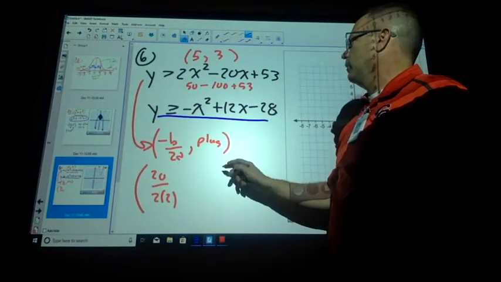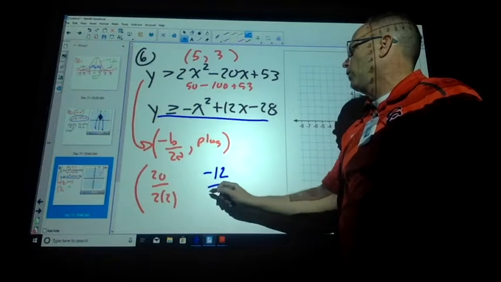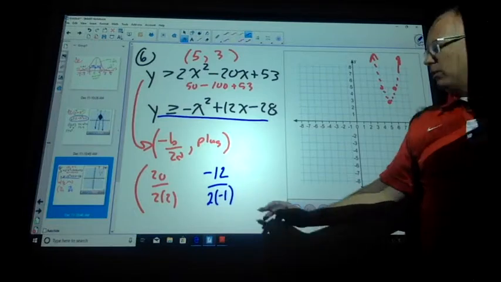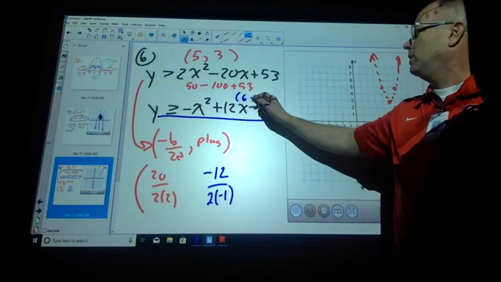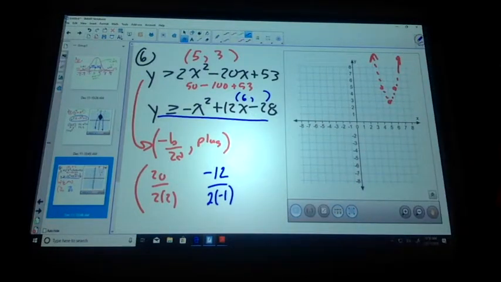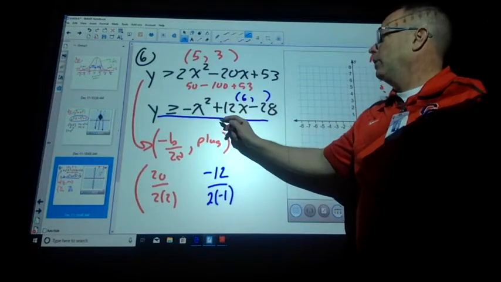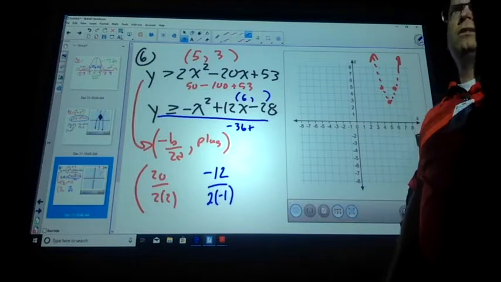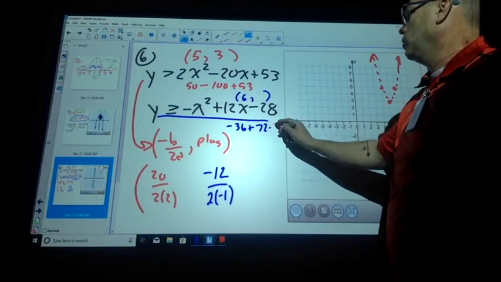All right, let's do this one. Again, we're using negative b over 2a. So I have negative 12 over 2 times negative 1. Negative over negative is positive, so that's going to give me 6 comma something. Then I get negative 36 plus 12 times 6, which is 72, minus 28.